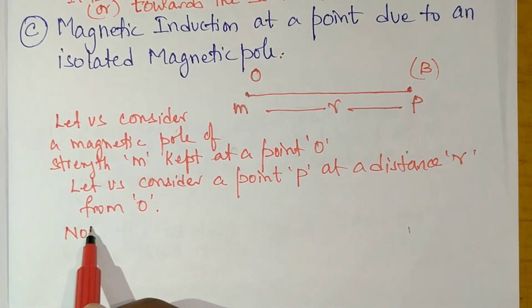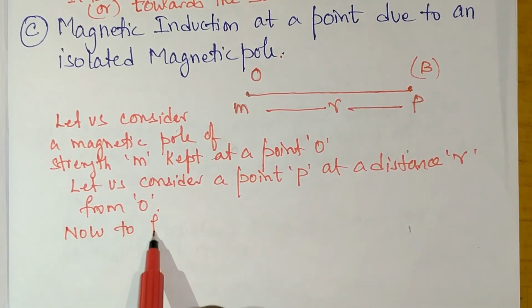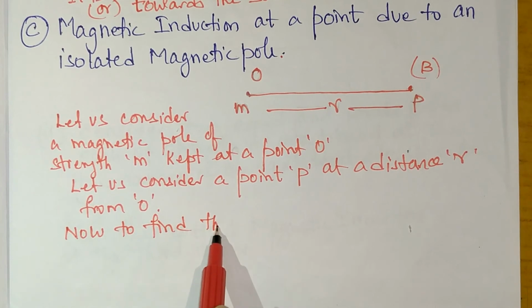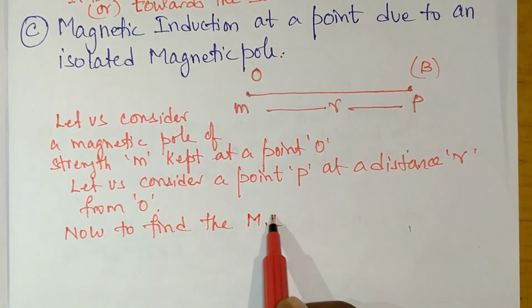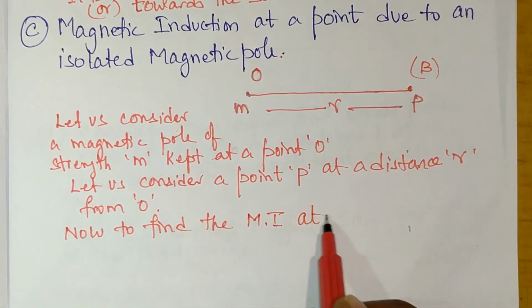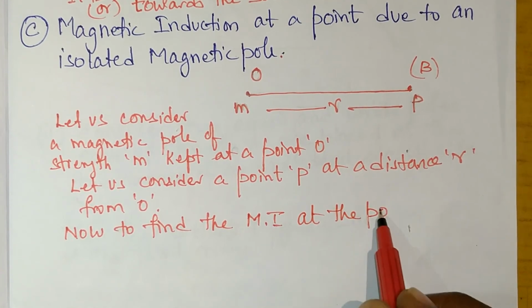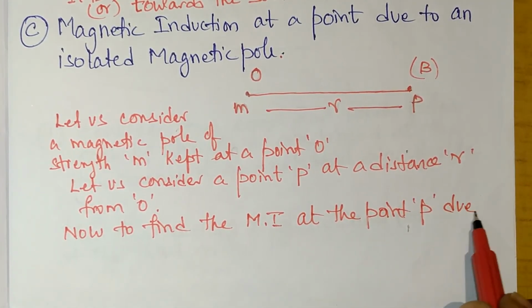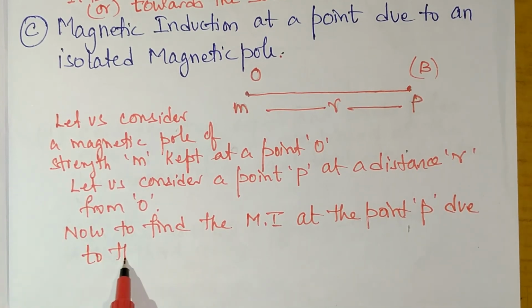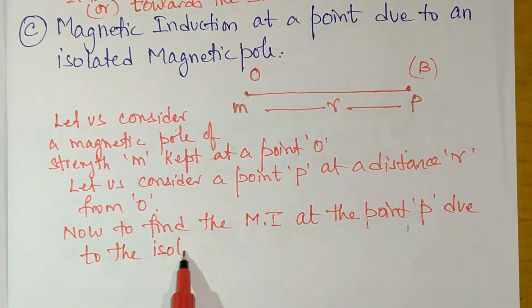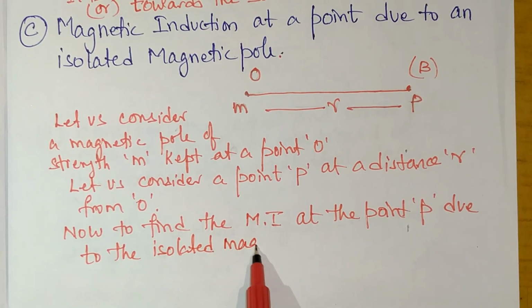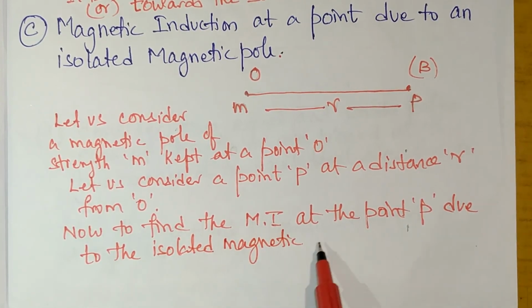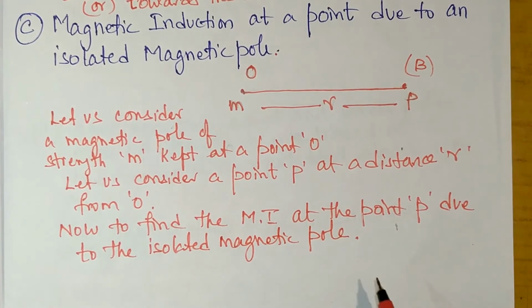Now, to find the magnetic induction where? At the point P, due to the isolated magnetic pole.